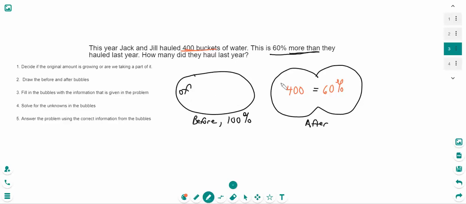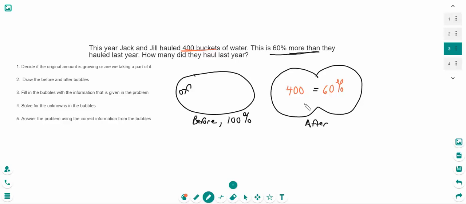Now think about that. If 400 is 60% of the original amount, then that would mean that 400 is actually smaller than the original amount. It's not even 100% of the original amount. If it were 100%, it'd be the same as the original amount. But in this case, it's only 60%, which would mean it's less than the original.